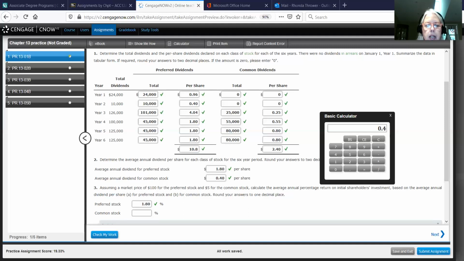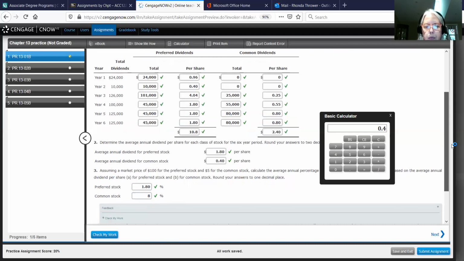So 40 cents divided by $5 will give you 8%. And that's how we complete this problem.